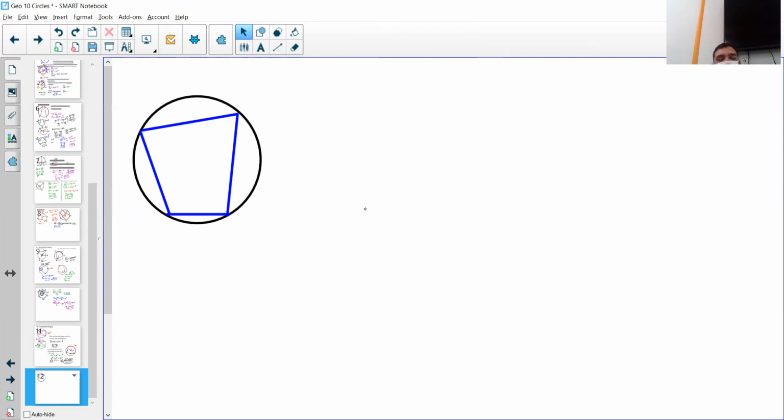Okay. I'll label this A, B, C, D. I'll start in the top right, so I have something to reference. Let's look at angle A here. Angle A has this as an opening.